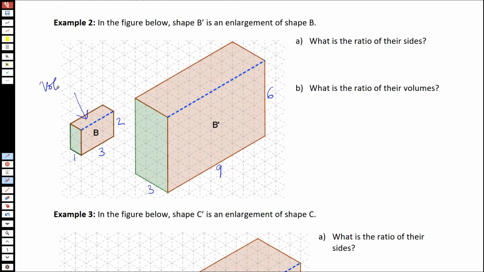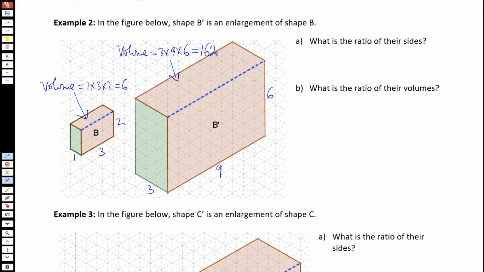So the volume here is the same as the first one, which is 1 multiplied by 3 multiplied by 2, which is 6. And the volume here will be equal to 3 multiplied by 9 multiplied by 6, which is 162.